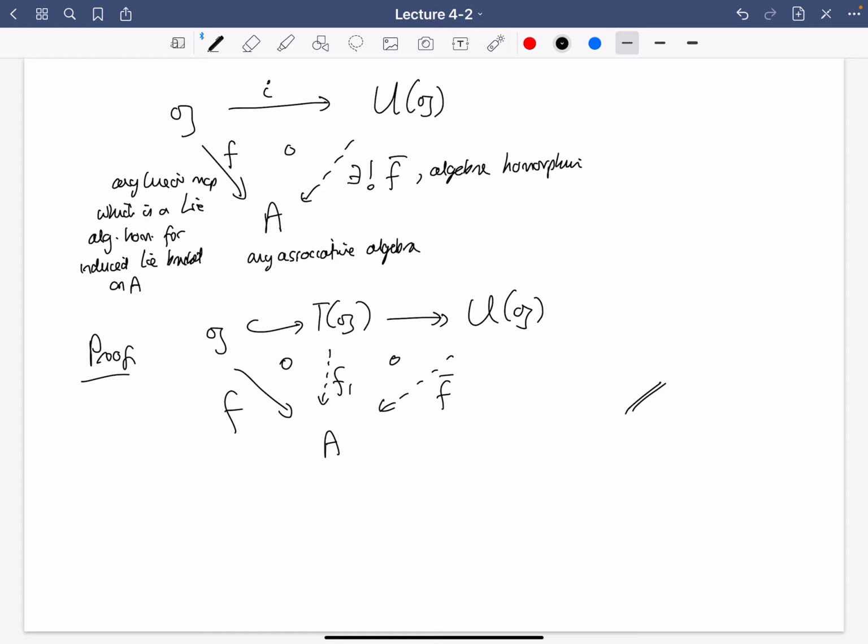So why is this important? Well, here's a lemma.